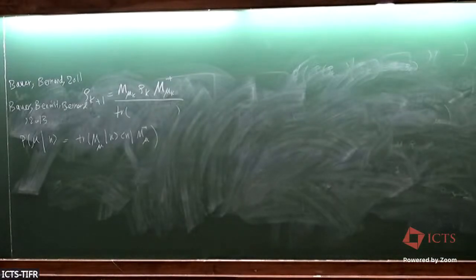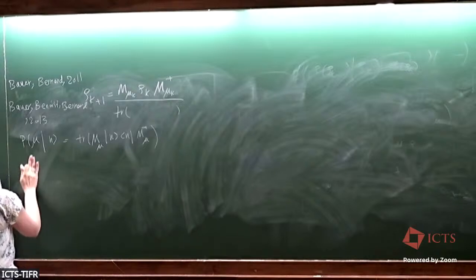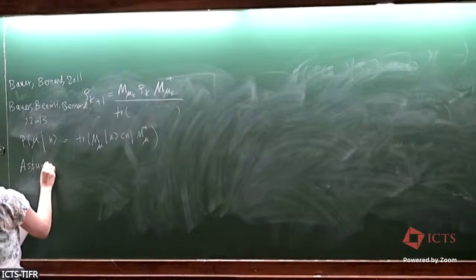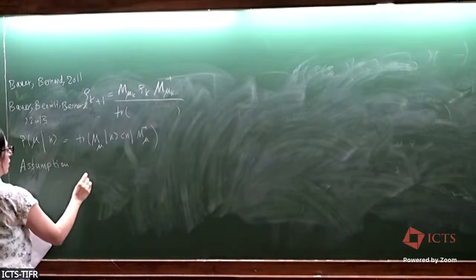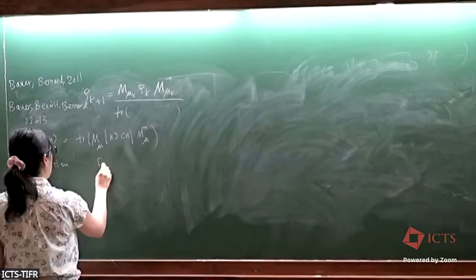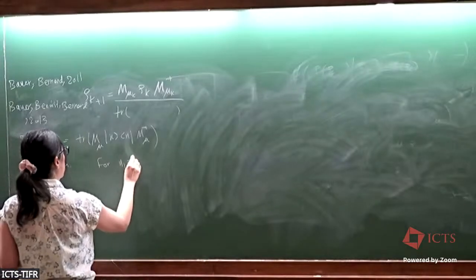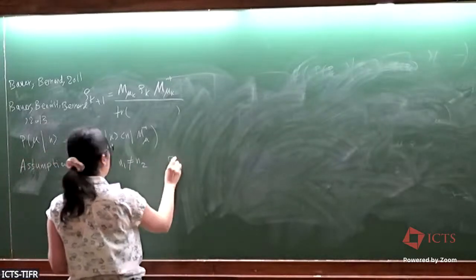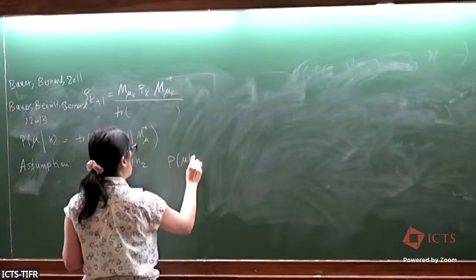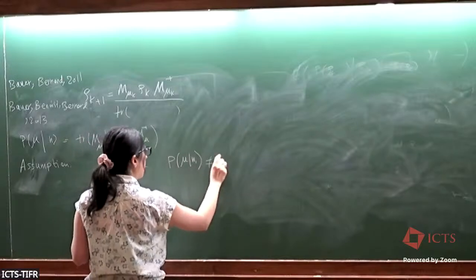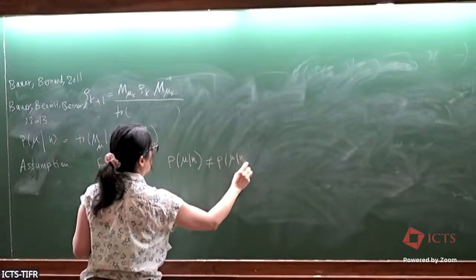And they also suppose a similar assumption to the one I talked about. For n1 different to n2, suppose that the probability to get mu knowing n1 is different to the probability to get mu knowing n2.